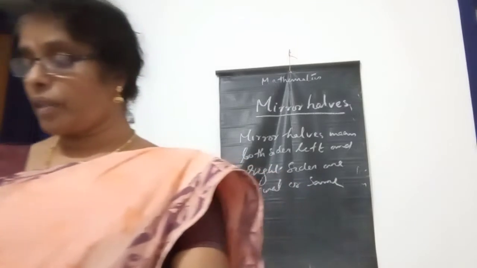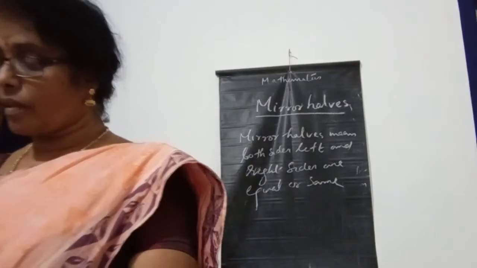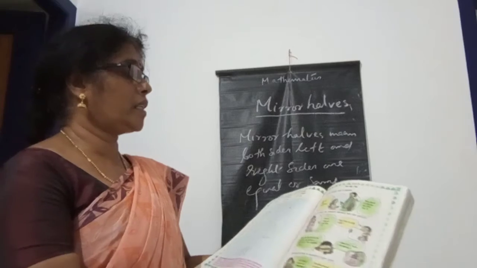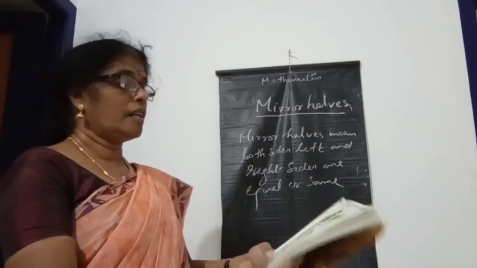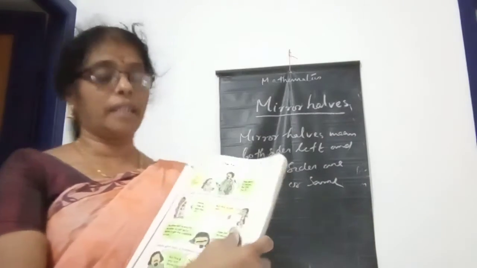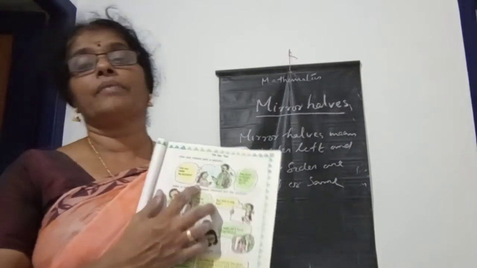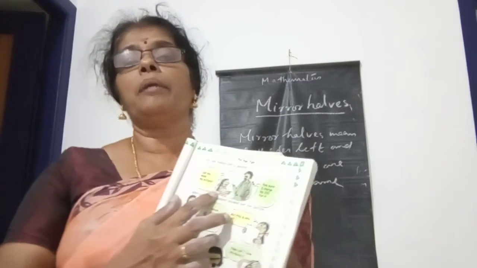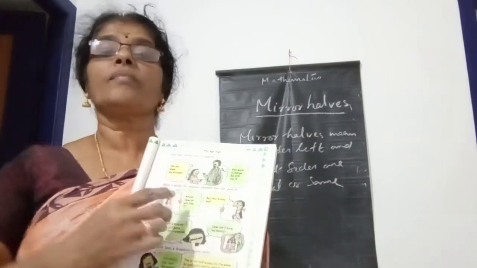Okay, then we can take the textbook, children. Look here. Here one story is telling about Amina. You can see one girl here, isn't it? What is the name of that girl? Amina. One day Amina met a painter.